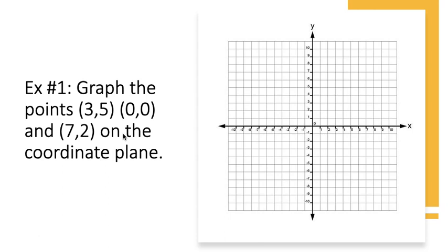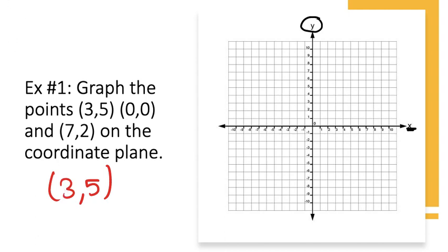Example number 1. Graph the points 3, 5, 0, 0, and 7, 2. So this right here, we have the x value and the y value. So here's how this works. First point, we have 3, 5.